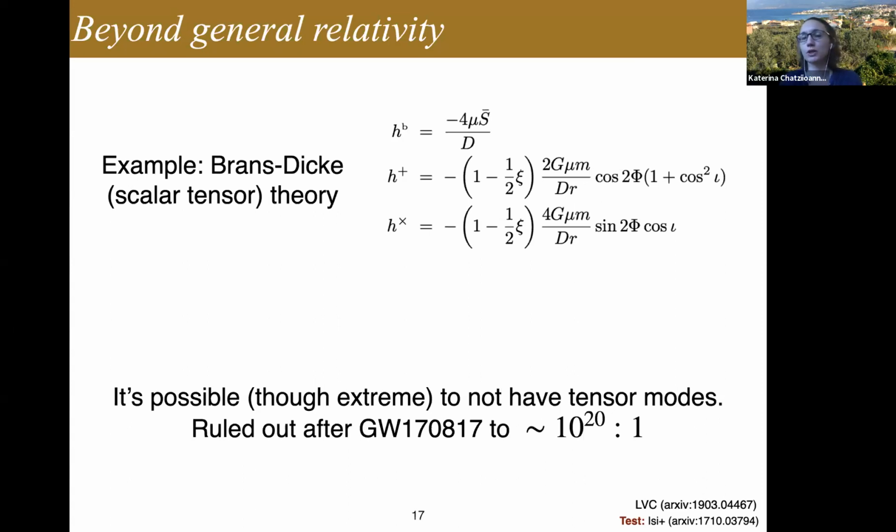S bar is actually a huge expression that I just removed. This S bar is a combination of a term that goes as twice the orbital phase, plus a term that goes as once the orbital phase, plus a constant. And that's at leading order, right? At higher order, you have a lot more things, even for plus and cross. But for the scalar, even at leading order, you have different combinations of harmonics of the orbital phase. That's why overall, when you add all those harmonics, it doesn't look the same as the tensor evolution.